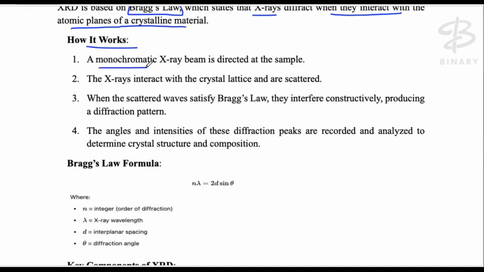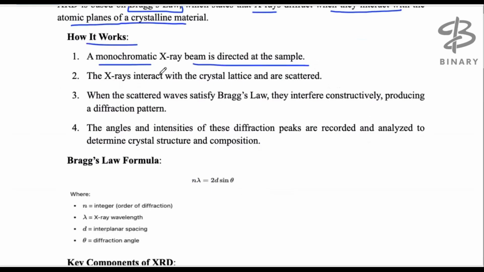A monochromatic X-ray beam is directed at the sample. We must first generate an X-ray, which is focused and incident on the material. The X-ray interacts with the crystalline lattice and is scattered. Once it gets inside the material, it gets scattered.